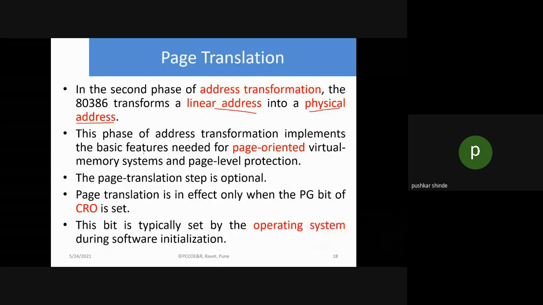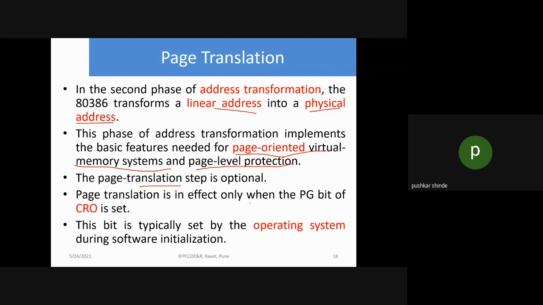So this address transformation implements the basic features needed for page-oriented virtual memory systems. For page-oriented virtual memory systems, this particular page translation is used, and it also provides page level protection. So security is provided because of paging. Page translation is optional as we discussed just now.